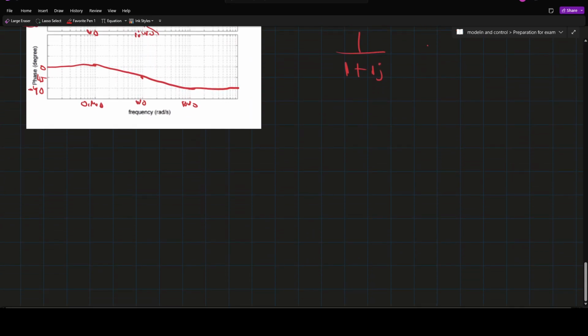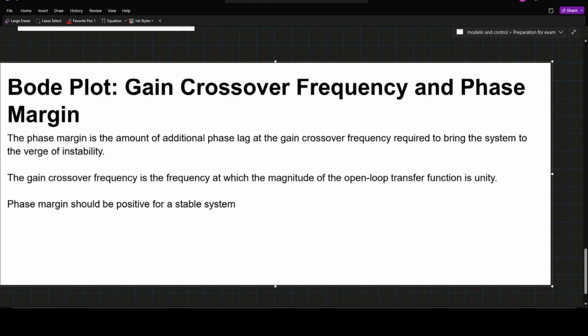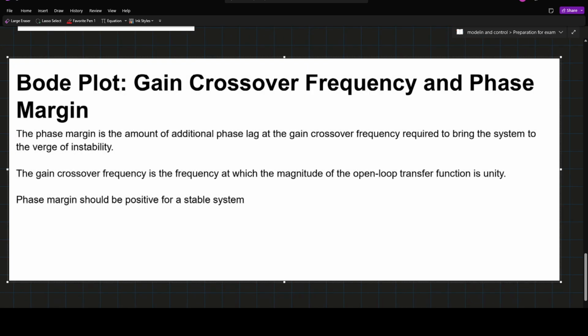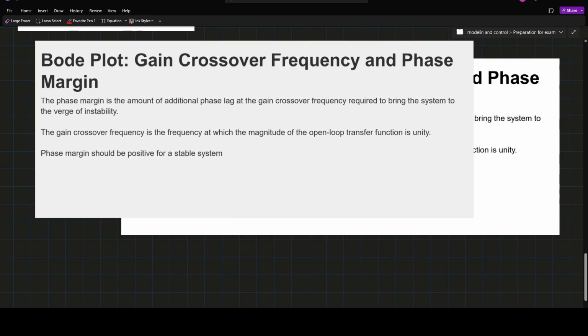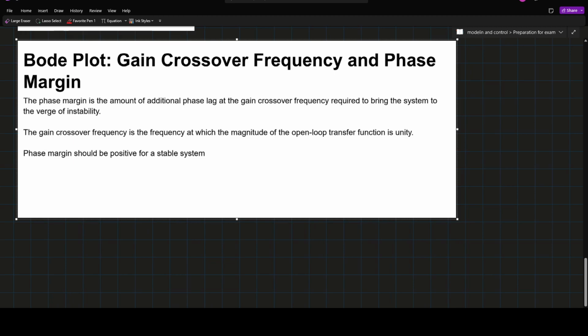Now we are going to talk about gain crossover frequency and gain margin. Okay, so this is the definition.